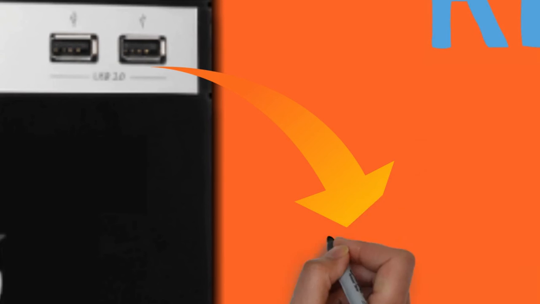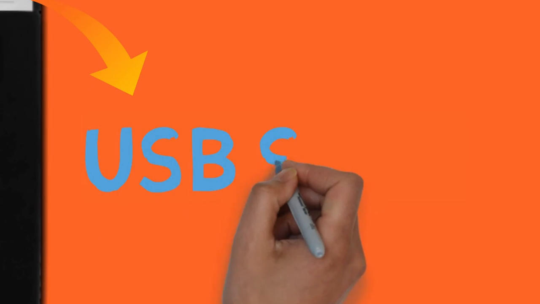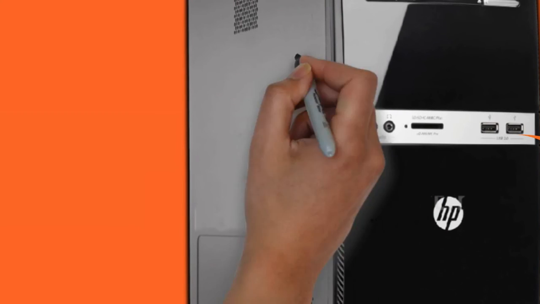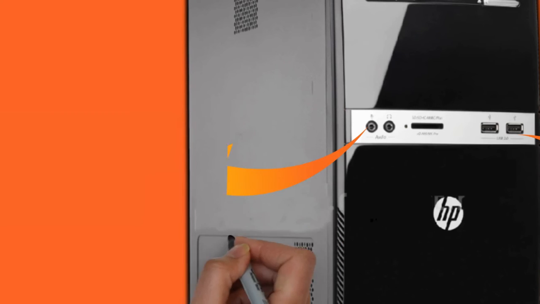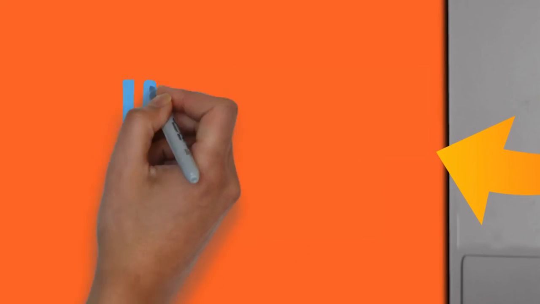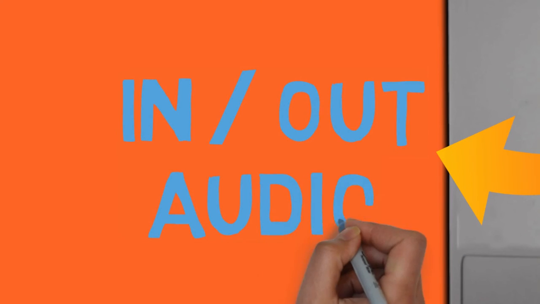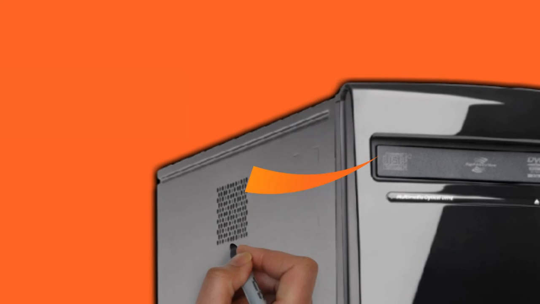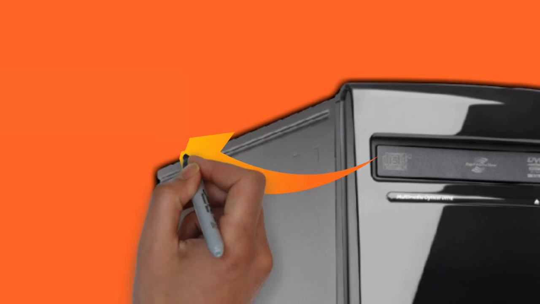These are called USB slots, also called Universal Serial Bus. Just behind the USB slots, you will see two jacks. These are called audio jacks, for audio in and audio out. On the upper side of the CPU, you will see a DVD writer.